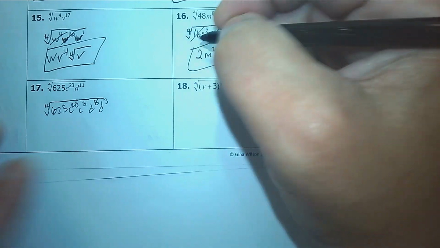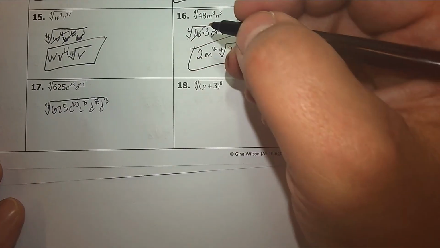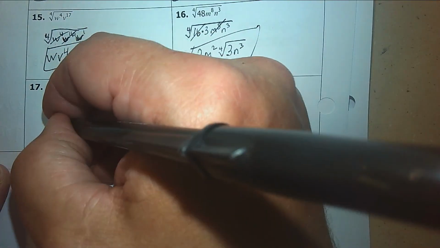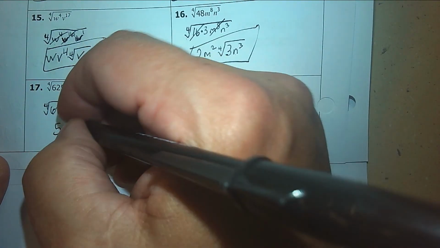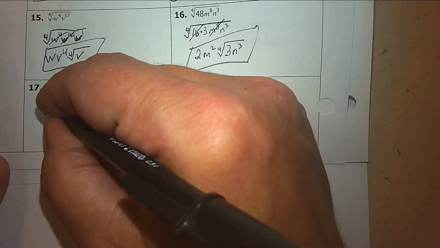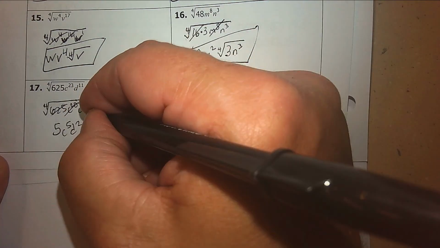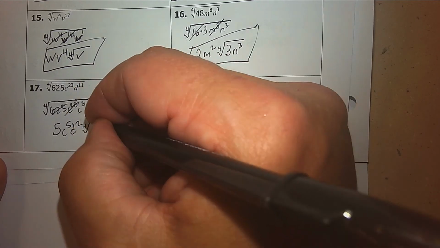Because they always got to add up, right? Now, the 4th root of 625 is 5. What's 20 divided by 4? That, I skip. 8 divided by 4. And then what's left is c cubed and d cubed.